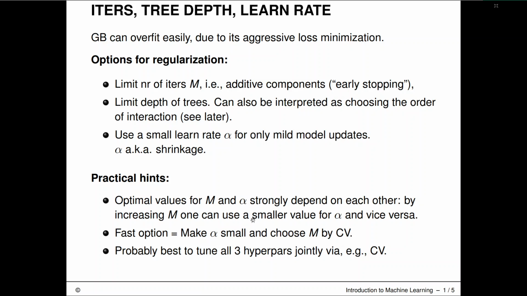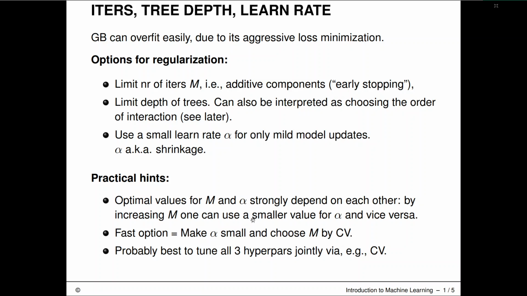We can also limit the number and the depth of our trees. This can also be interpreted as choosing the order of interactions, but we have special subsections on boosting with trees because this is such an important combination, and there are a couple of technical details to consider. So I'll discuss this at another point more in depth.